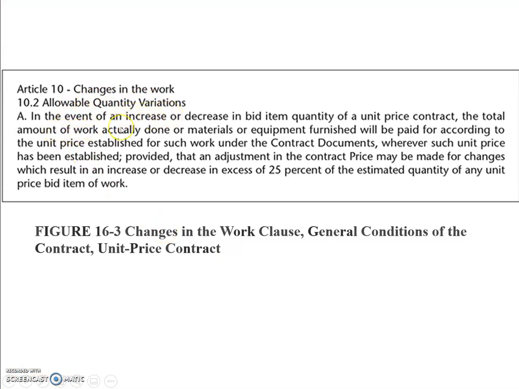In the event of an increase or decrease in bid item quantity of a unit price contract, the total amount of work actually done, or materials or equipment furnished, will be paid for according to the unit price established for such work under the contract documents, provided that an adjustment in the contract price may be made for changes which result in an increase or decrease in excess of 25% of the estimated quantity of any unit price bid item of work.